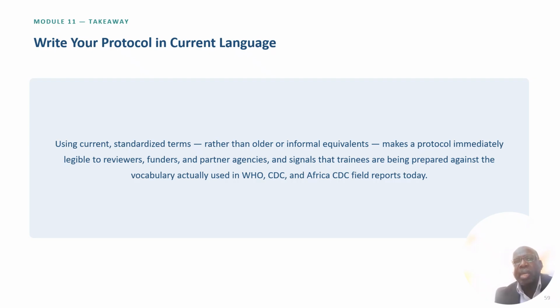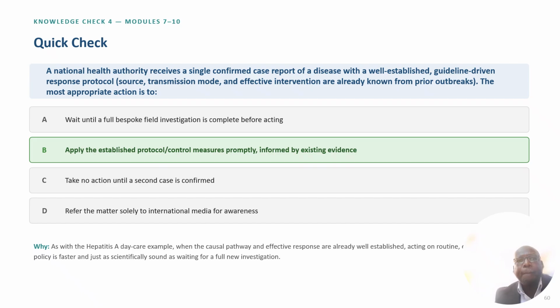I'm telling you this because we need to use the modern and latest terminologies in epidemiology. For example, instead of saying case definition, you can say operational definition. This sounds more professional and reflects the professionalism of those who are providing the protocol or the reports.